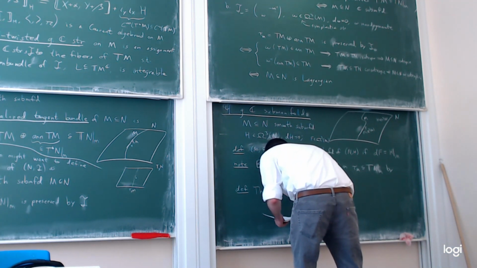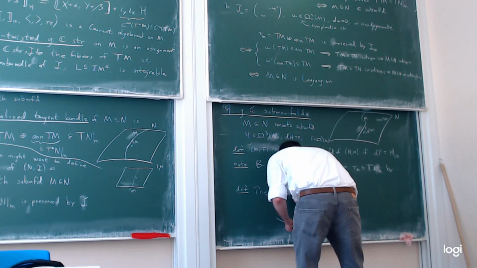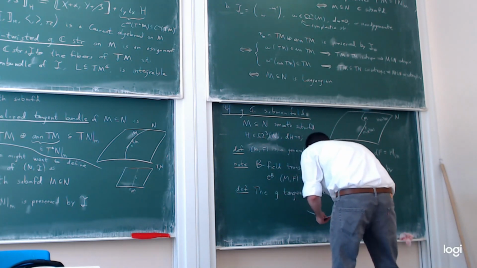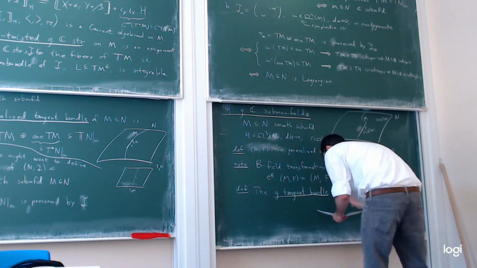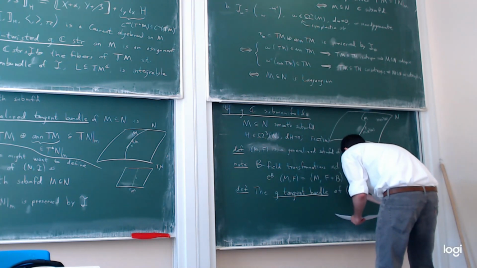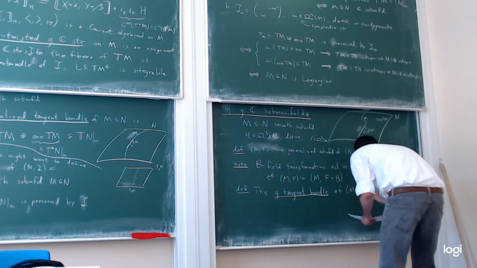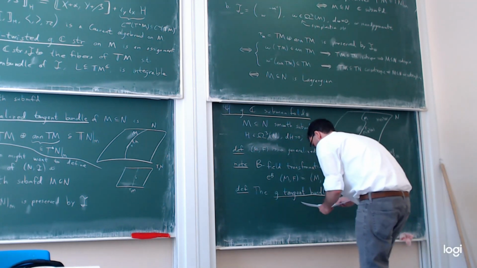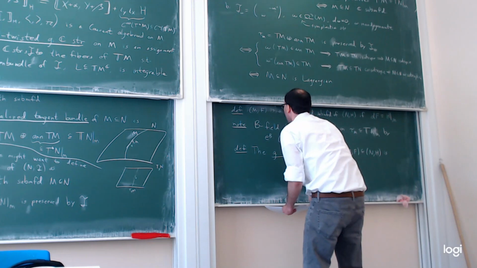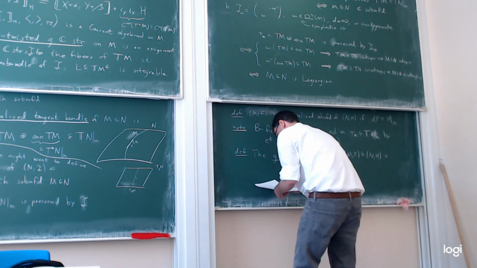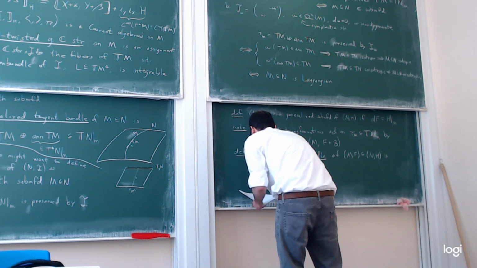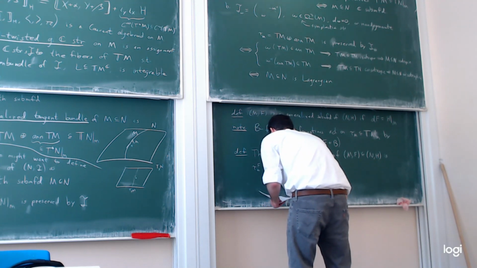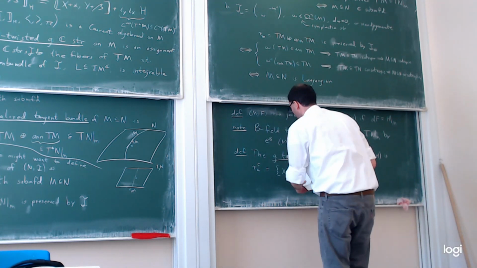So the generalized tangent bundle of the generalized submanifold (M, F) in (N, H), τ_(M,F), is given by all elements x plus alpha.